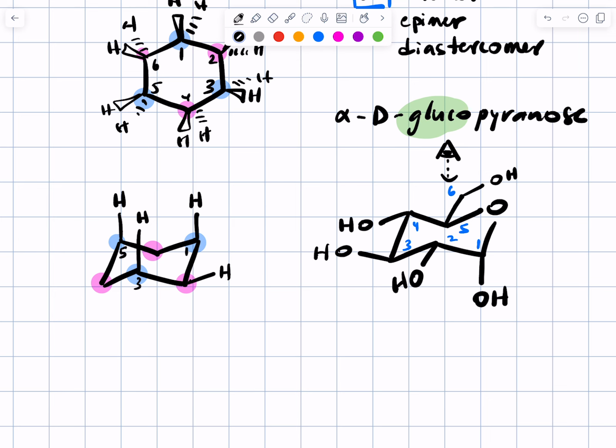Instead, they are equatorial. Equatorial means they're pointing up, but they're still splayed out along the edge of the ring. So if you imagine a sphere, here is the axis of the sphere and here is the equator. Axials point either to the North Pole or the South Pole. Equatorials are either angled up or down a little bit, but mostly straight out.